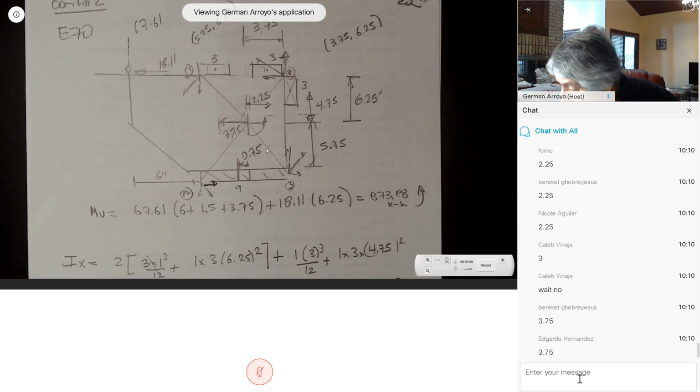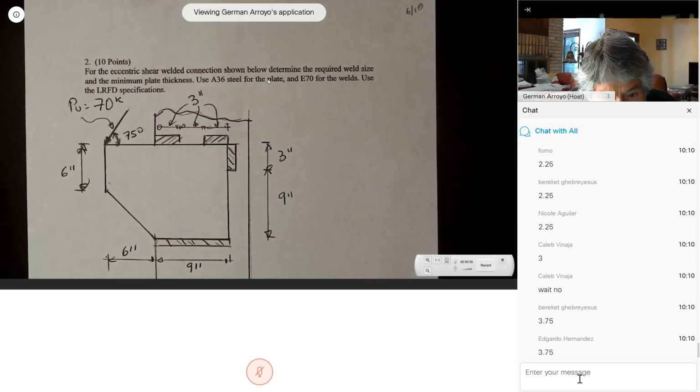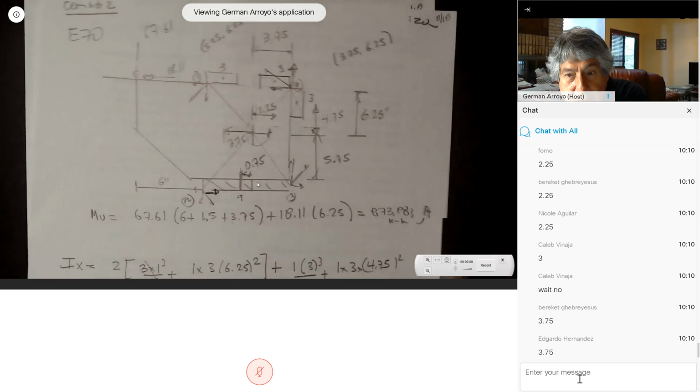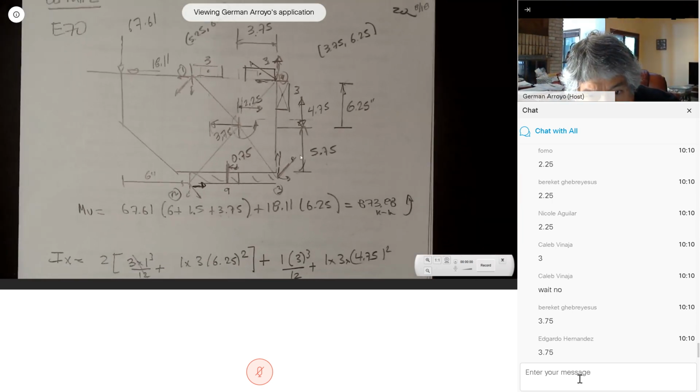This total distance in the previous page, this total distance is 12. So 12 minus 5.75 gives me 6.25. 6.25 minus 1.5 gives me 4.75. This is 1.5.